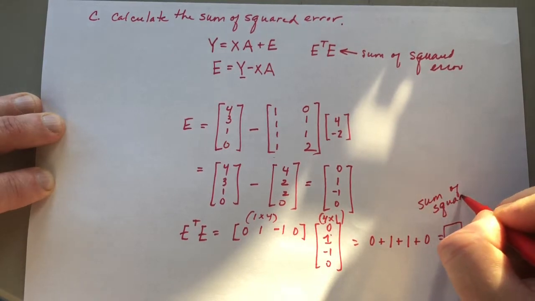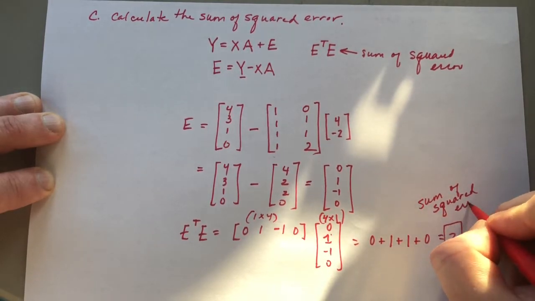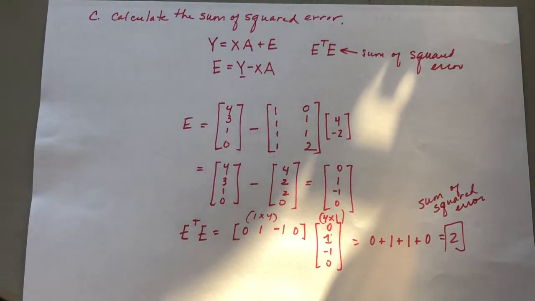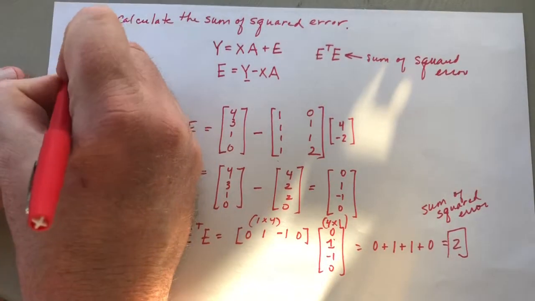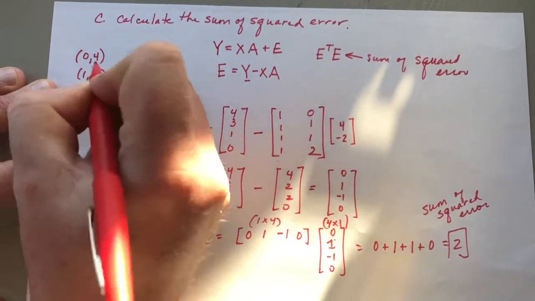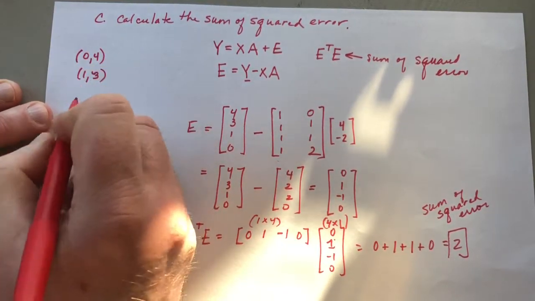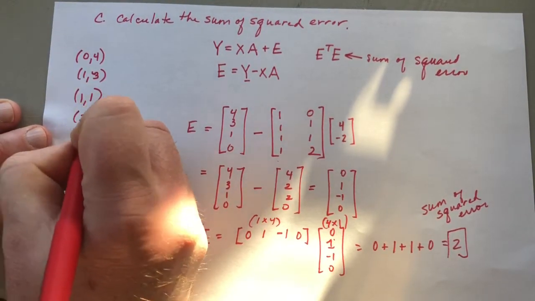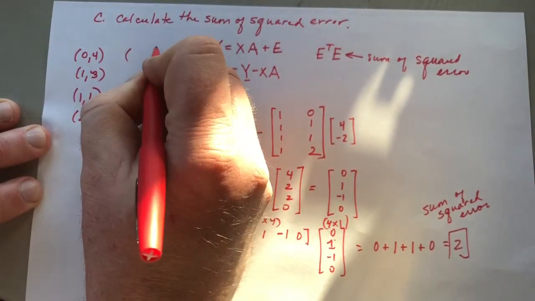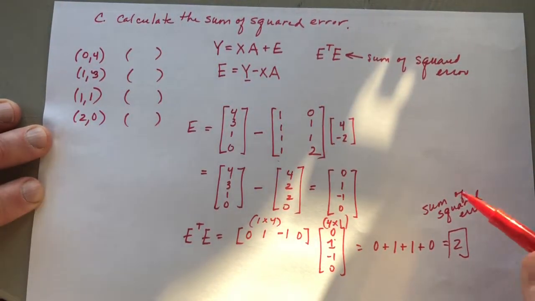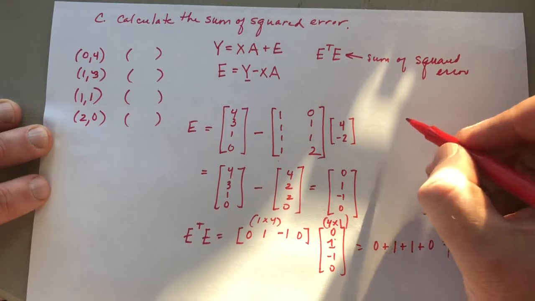Now, for those of you who know a little about stat, there's an easier non-linear algebra way to find the sum of squared error. Basically, I'm going to take my original data values that we used to find the least squares regression line, and compare the y values in those data values with the y values that I get from my least squares regression line.